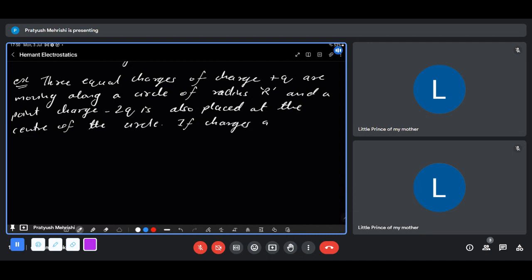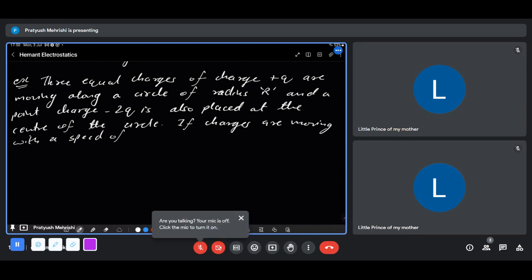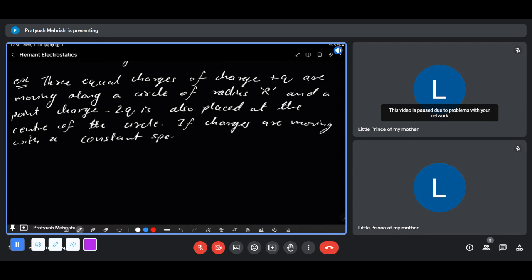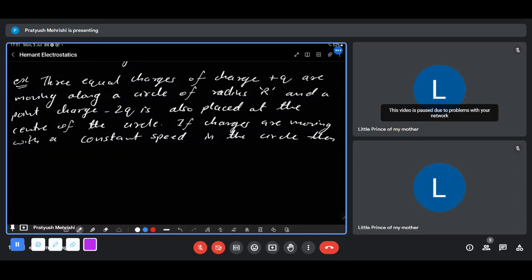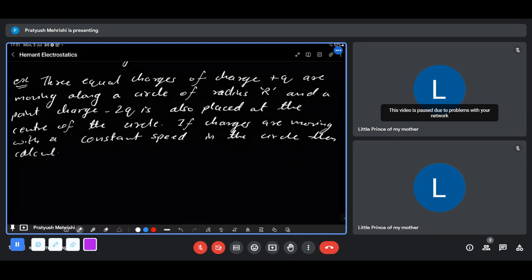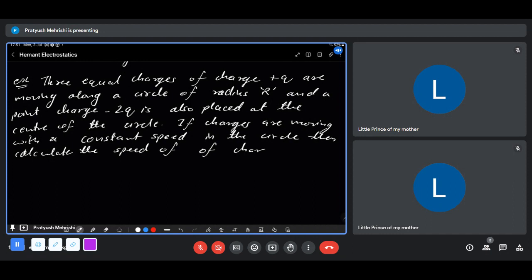If the charges are moving with a constant speed in the circle, then calculate the speed of the charges.